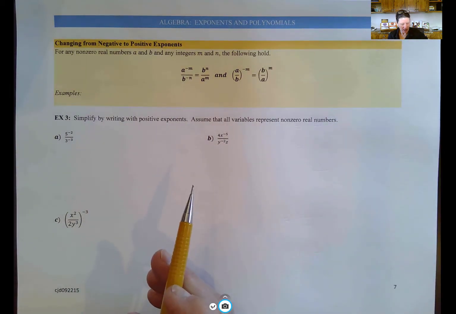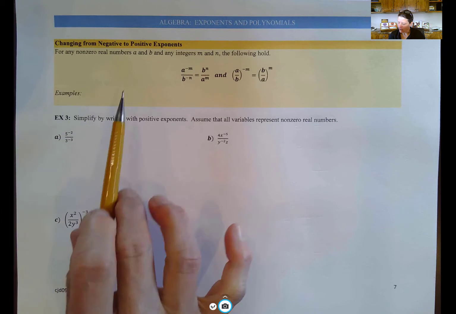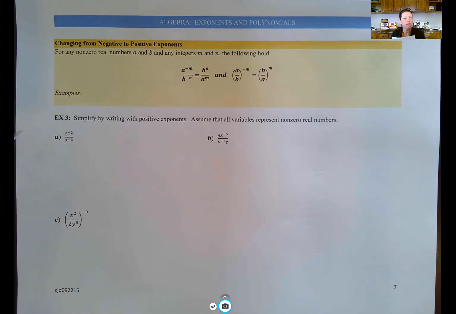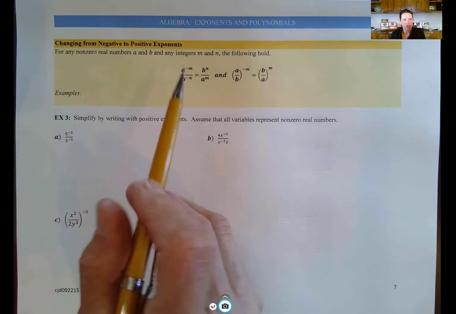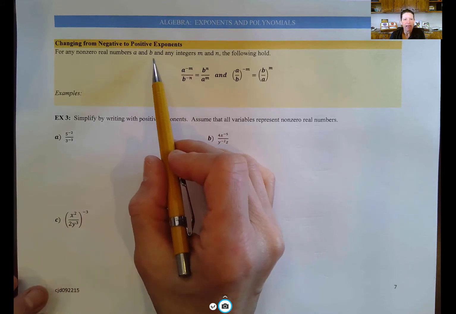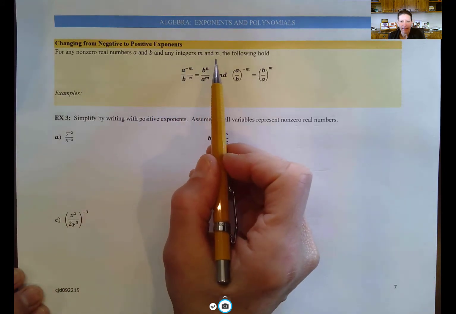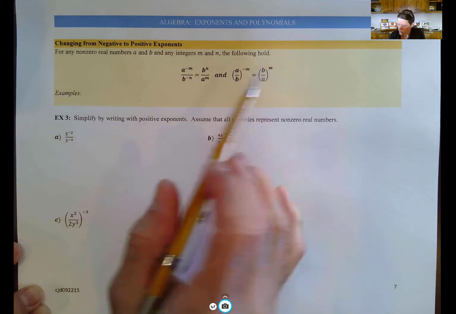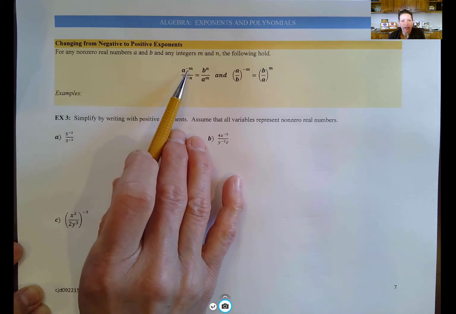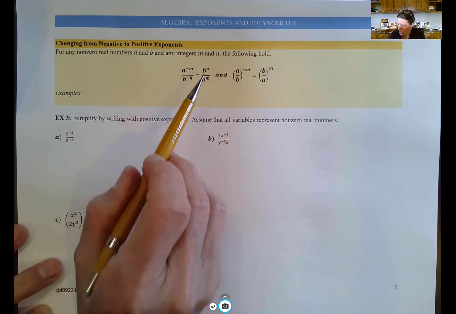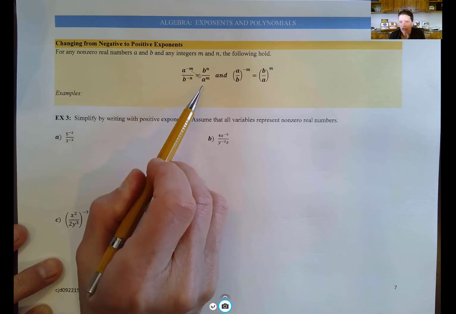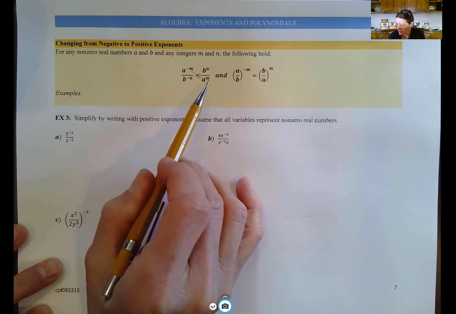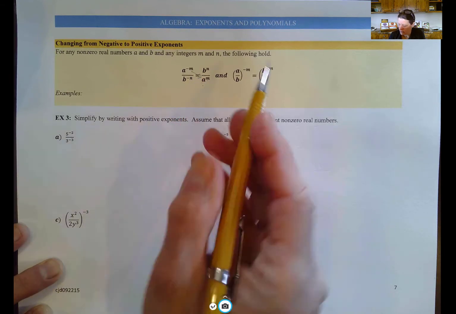Our next rule we're going to take a look at is changing from negative to positive exponents. For any non-zero real numbers a and b and any integers m and n, the following hold. So if we've got a base to a negative exponent in the numerator, notice how that moves to the denominator, cross the line, change the sign of the exponent to positive.